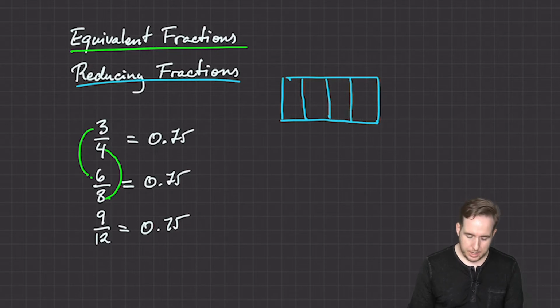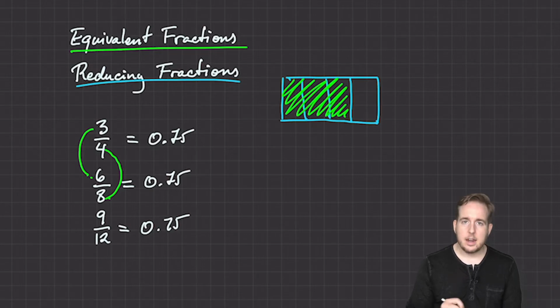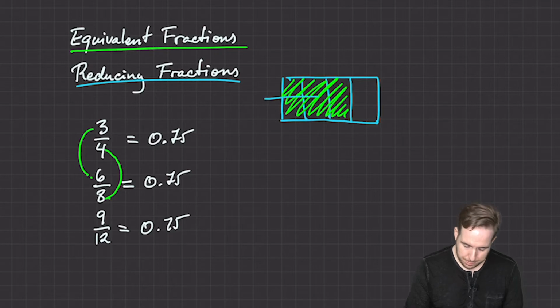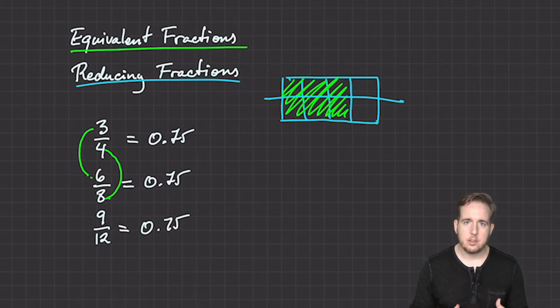If I multiply both the top and the bottom number by 2, let me just color in the thirds part of it, and I add another cut right through the middle, I now have twice as many colored in pieces and twice as many overall pieces, but the amount of chocolate bar has not changed, or the amount of colored in picture has not changed. And this is incredibly important, and we use it all the time.